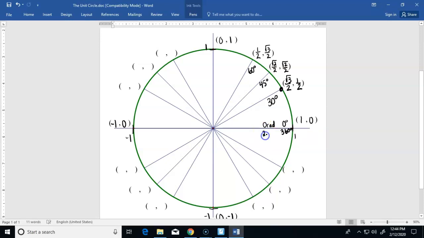It's 2 pi radians. Okay. Now, yesterday we found out that this over here would be 180 degrees, half of 360. We also know it was pi.